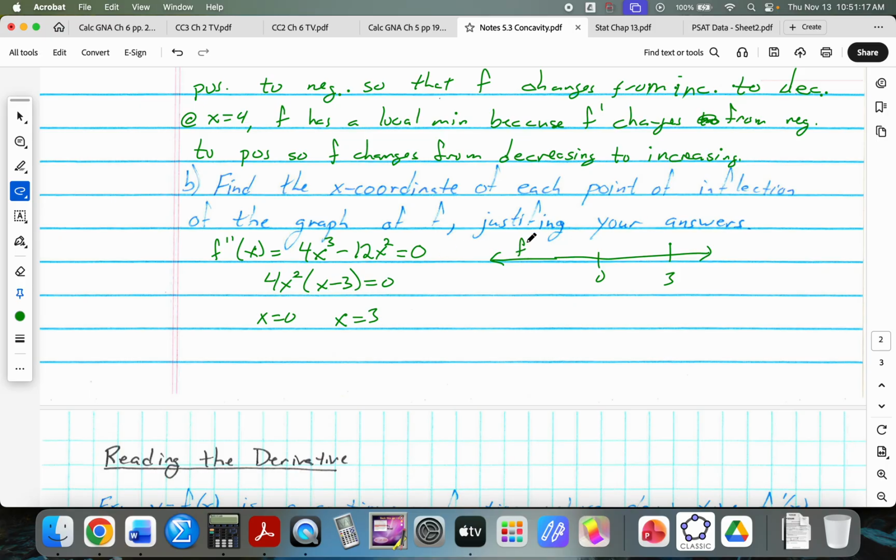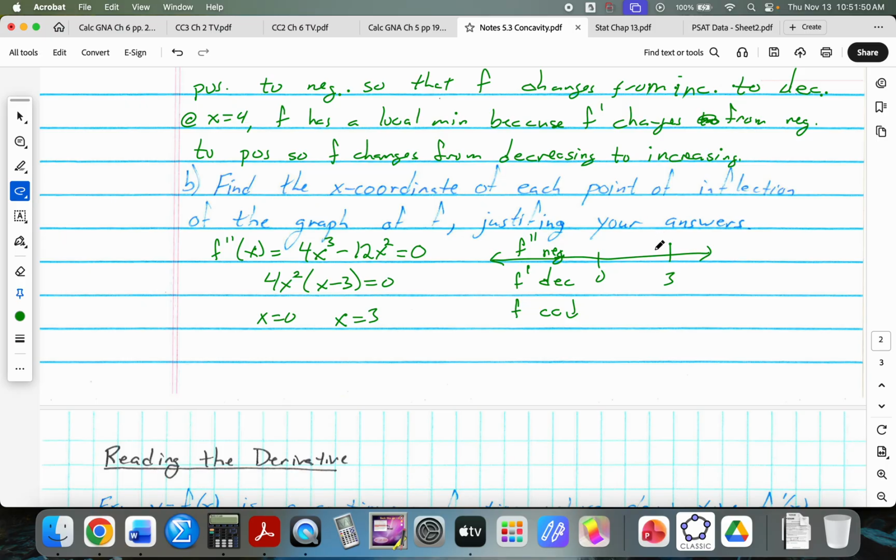So here f double prime is negative, which tells me what? Yeah, f prime is decreasing. Which is the definition of f being what? Concave down. See how it's just one more layer?